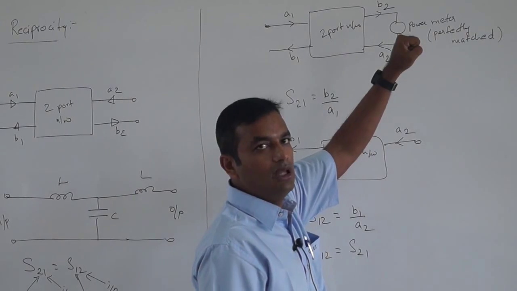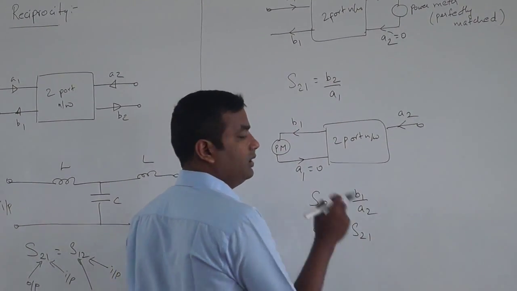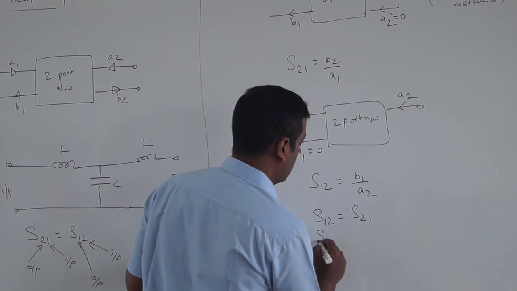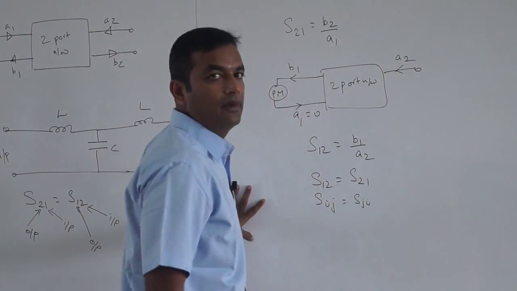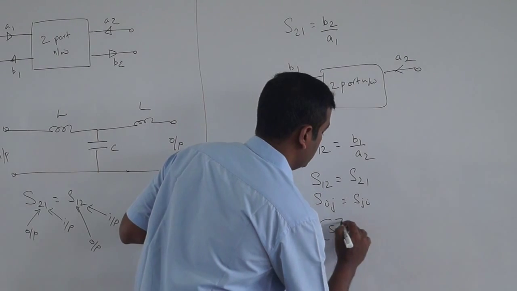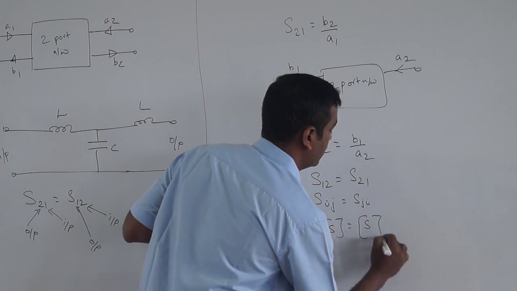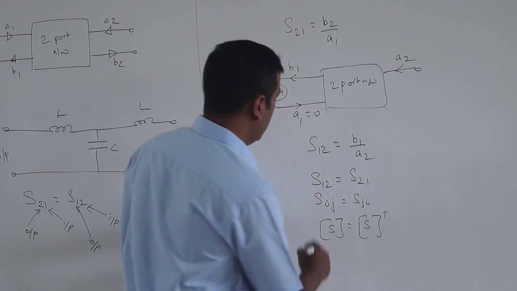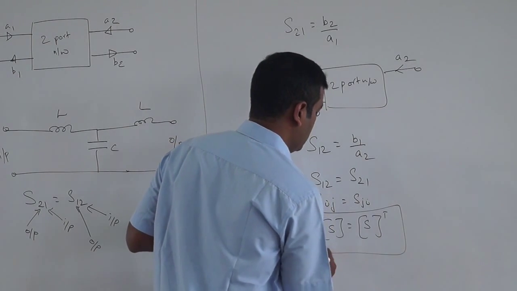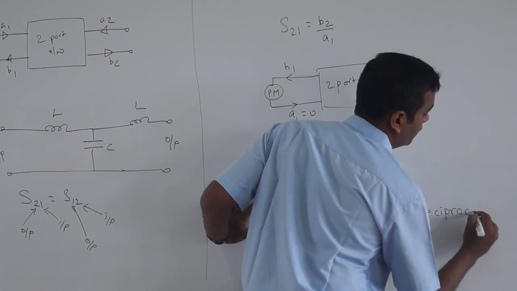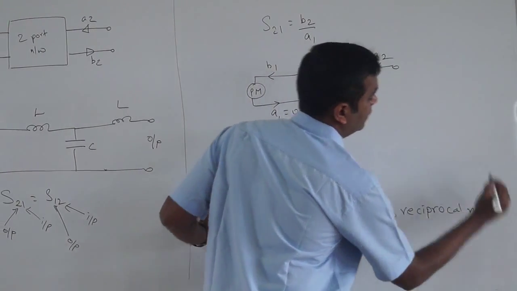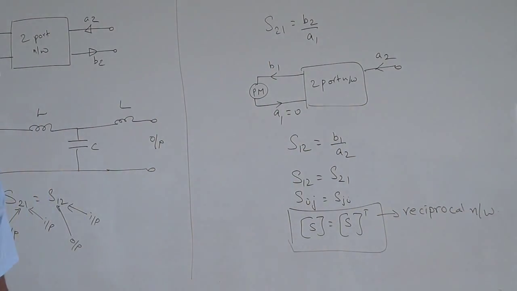So S12 equals S21, which means Sij equals Sji, which is nothing but S equals S transpose. If a network satisfies this condition, then the network is called a reciprocal network. It's a very straightforward derivation.